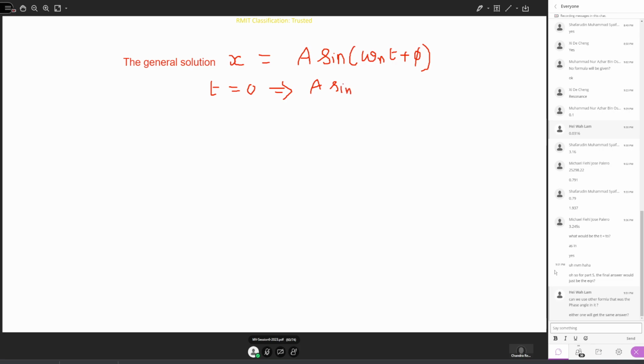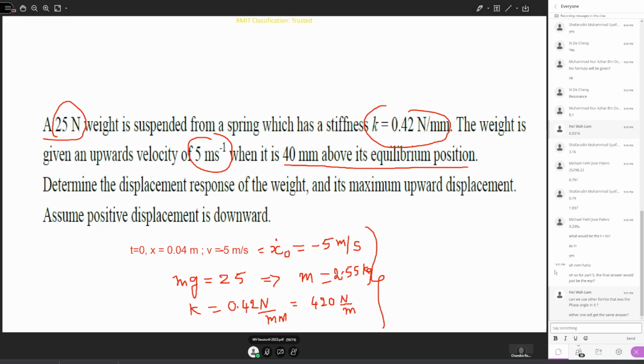A sin 0 is 0, so we can simply write this as A sin phi. Here the displacement is above its equilibrium position, so we can take the displacement also with a negative sign.